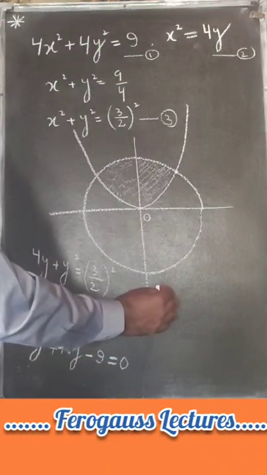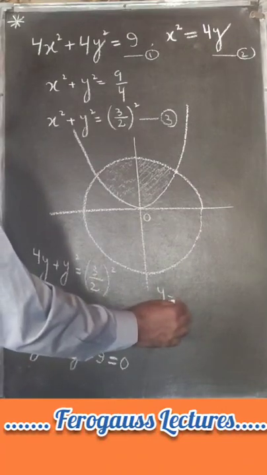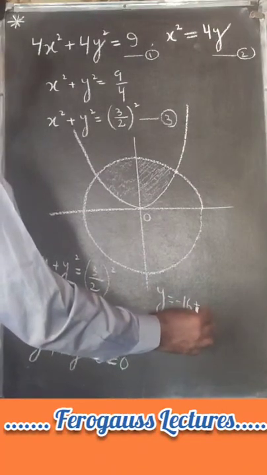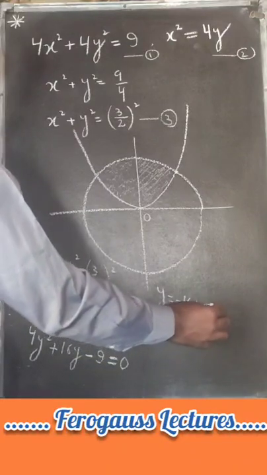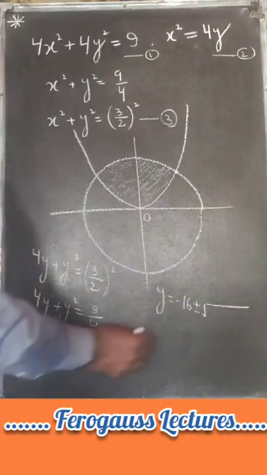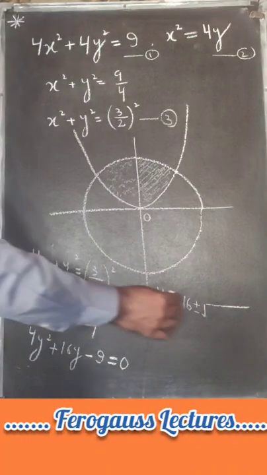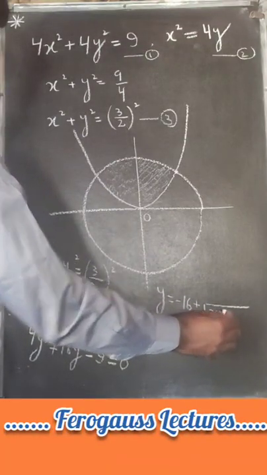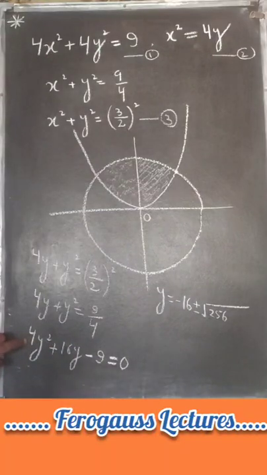Now we can write y is equal to minus b, that is minus 16, plus minus square root of b square, that's 16 square, which is equal to 256, minus 4 into a, that is 4, into c, that is minus 9.